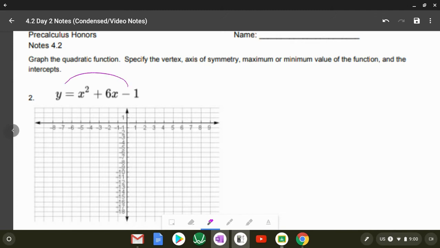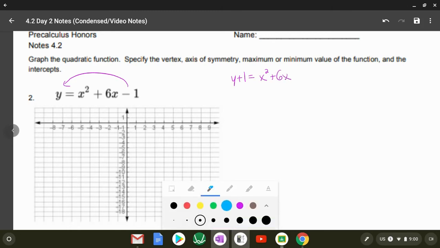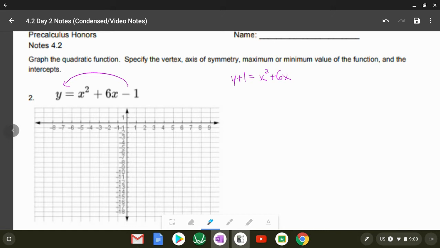To get to vertex form, the first thing you have to do is move over that constant. So if we have y plus 1 equals x squared plus 6x, the reason we want to do this is that I want to complete the square on the right side to make it a lot easier to get into vertex form.